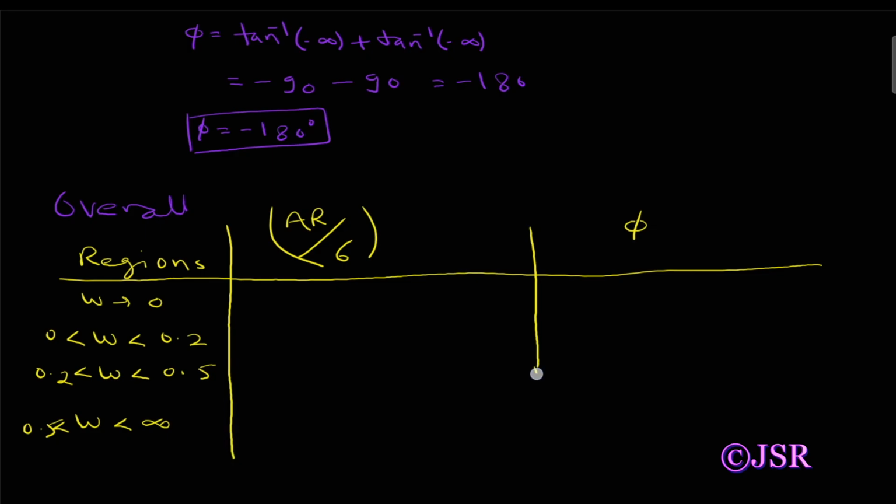So in that case we will have the value of amplitude ratio as well as phi.